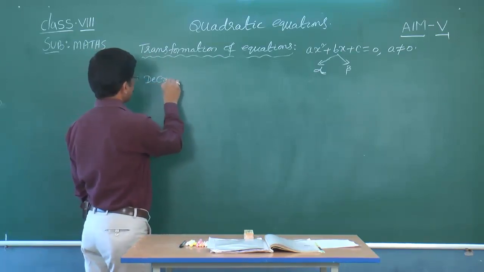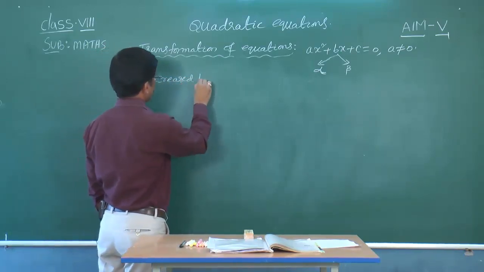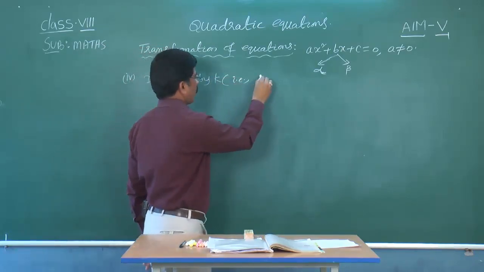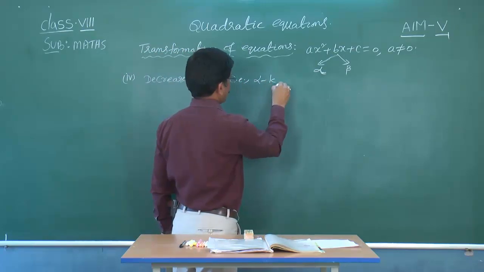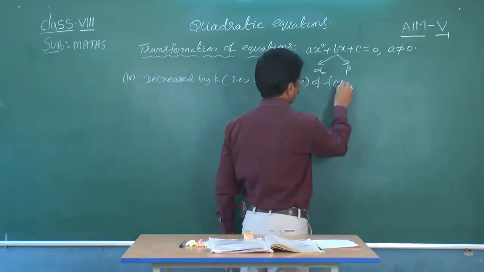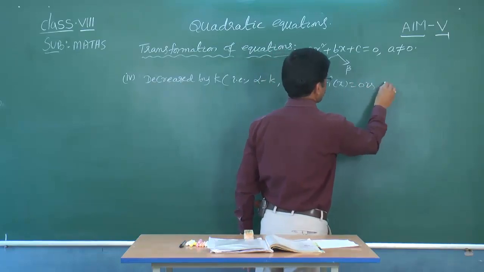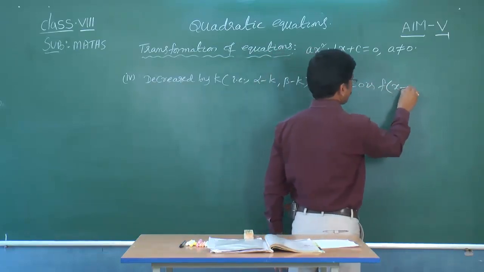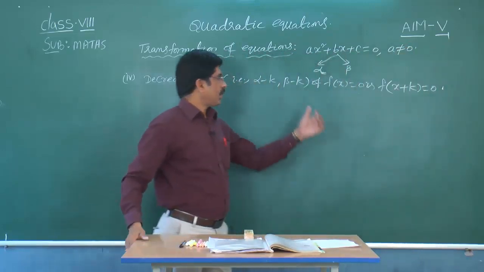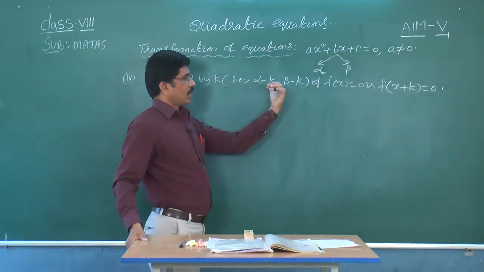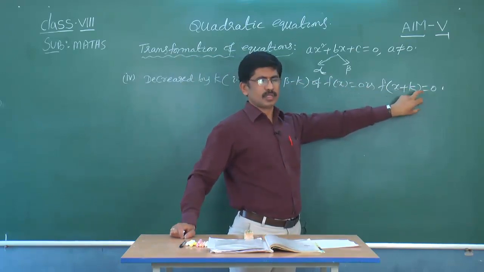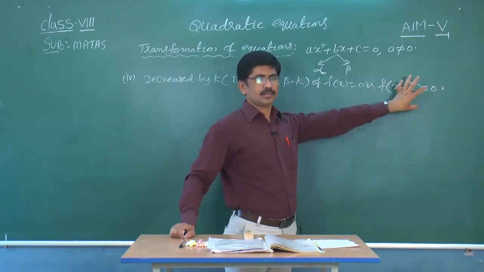Decreased by k, that is alpha minus k, beta minus k of f of x is equal to 0, is f of x plus k is equal to 0. We take minus k, and the required equation has plus k. It is very, very important. Understand?